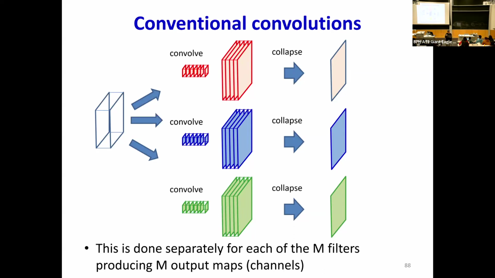Because within each filter, each channel is convolving the corresponding input channel. So each filter is performing 7 convolutions, and there are 3 of these filters, right? So 21 independent convolutions are being performed, and their outputs are being summed up to give you 3 output channels. That makes sense to everybody? I can reorder this.